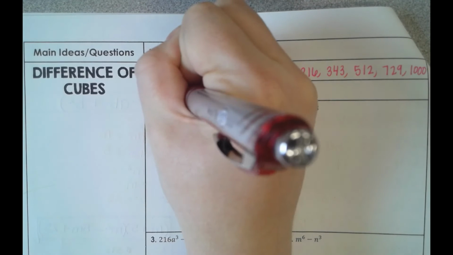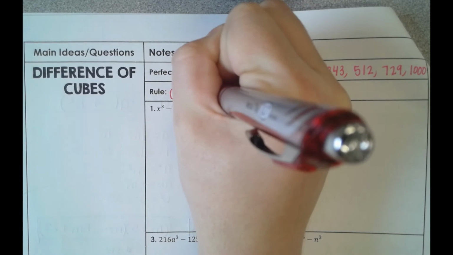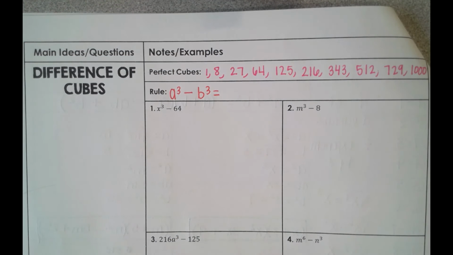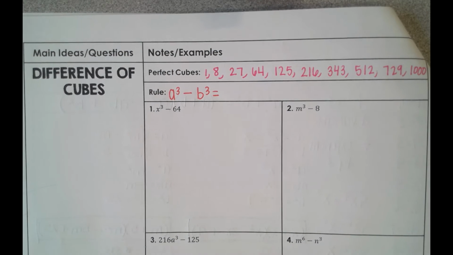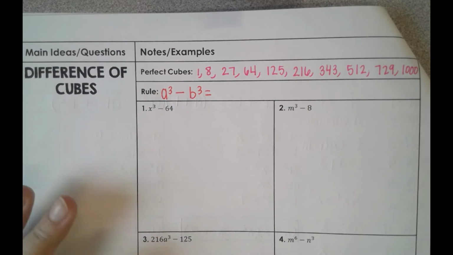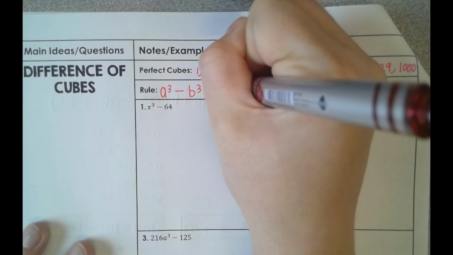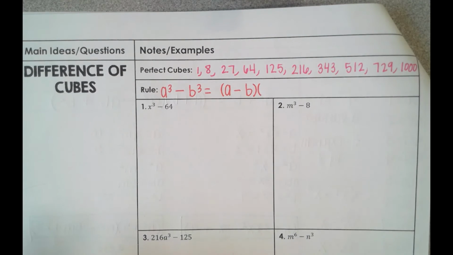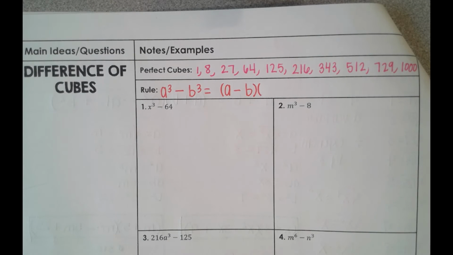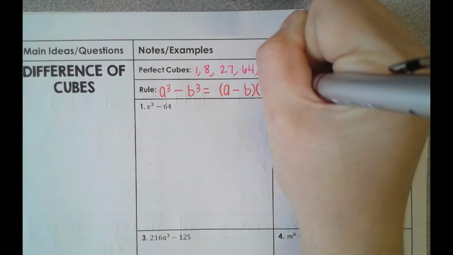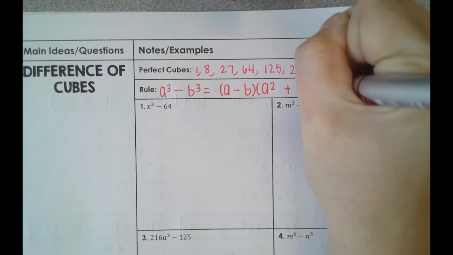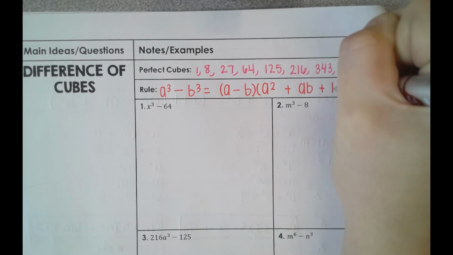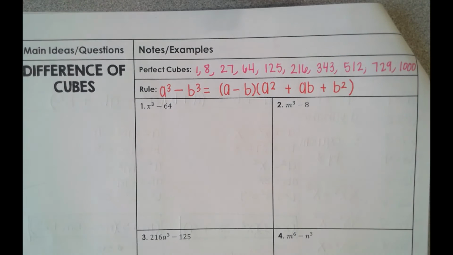So if we have a cubed minus b cubed, so we're subtracting two perfect cubes, then it is a minus b, and then it's a squared plus ab plus b squared.